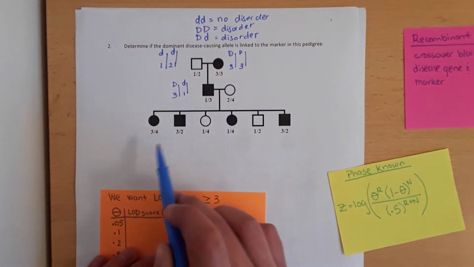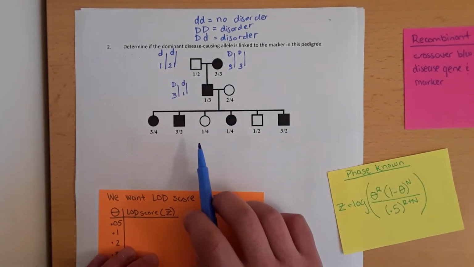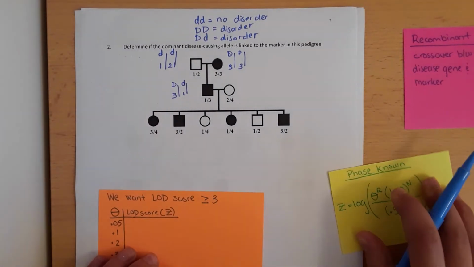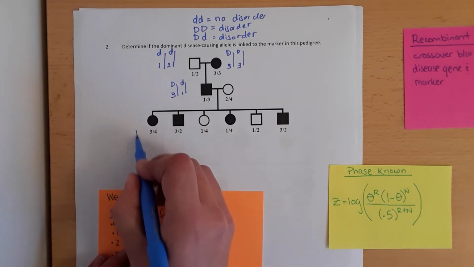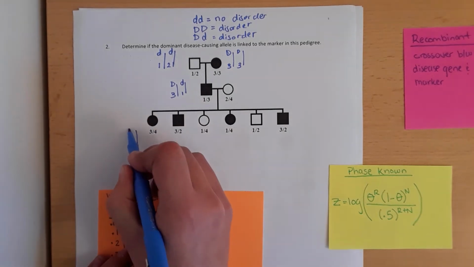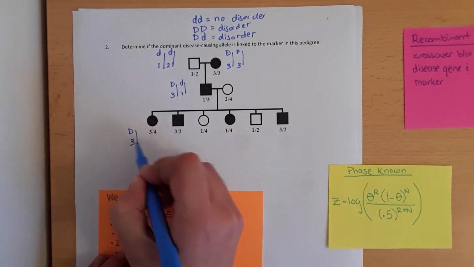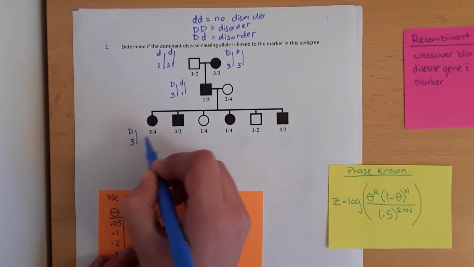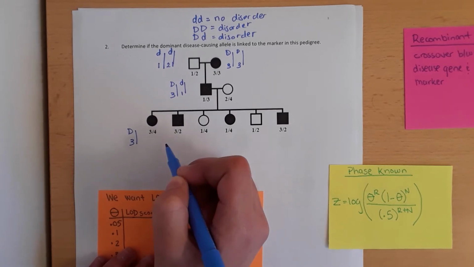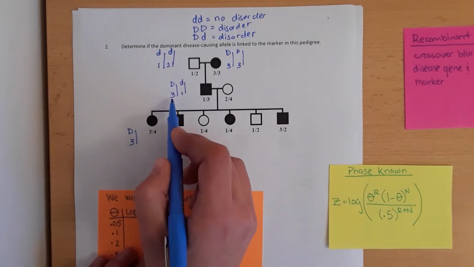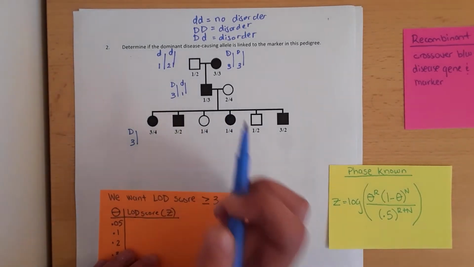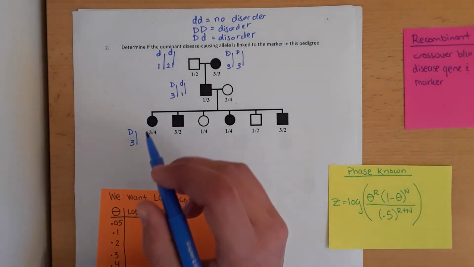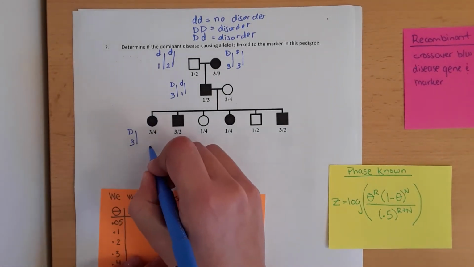So now we're going to rate these kids as recombinant or non-recombinant. So this person got a big D, 3, and they're shaded in. So there was no crossover going on. This is right as expected from the dad. So this is going to be non-recombinant.